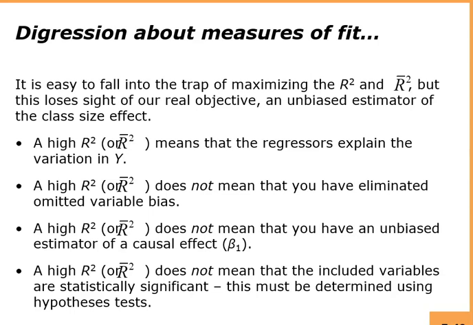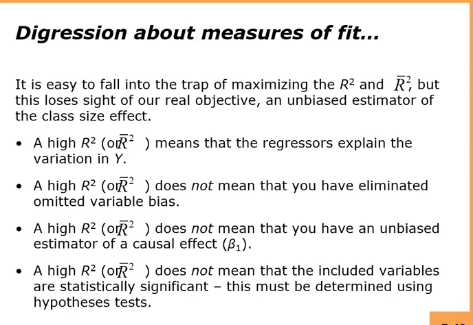R square will always increase whenever you increase the number of regressors, even if they do not make any sense in the model. So just including more regressors will increase the R-square, but does not really mean that it explains the variation in Y. A high R-square or adjusted R-square does not mean that you have eliminated omitted variable bias.